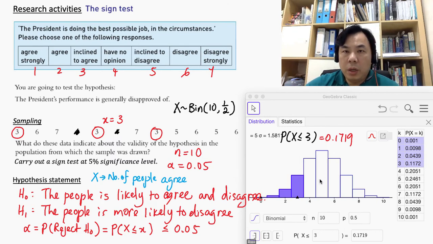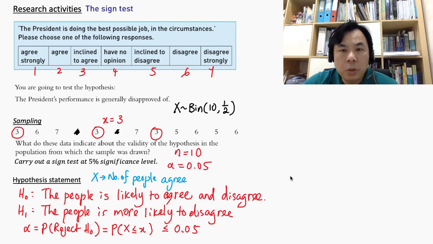Therefore, we do not have sufficient evidence to reject the null hypothesis. Therefore, in this case, we're going to accept the null hypothesis. The conclusion would be the people are equally likely to agree or disagree with the statement itself. Now that would be the correct conclusion that we should have. Right? Now I hope that's clear.